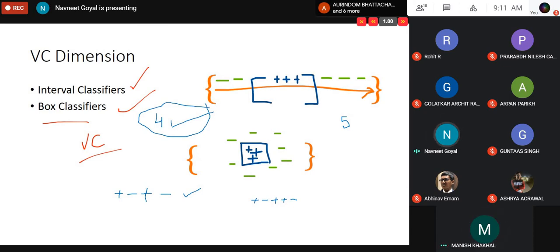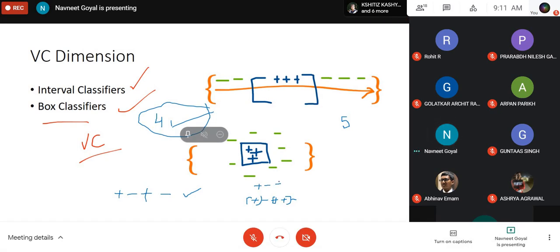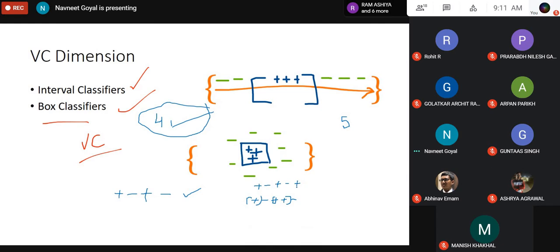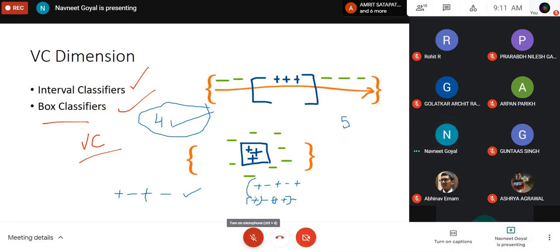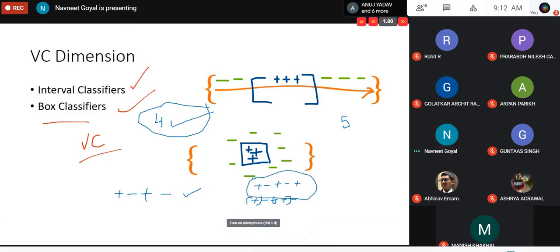Yes, we can. So two in the one bracket here, and one here. So this should also give us some idea about what could be a labeling for which I will not have a solution. What about this one that I just, what about this?